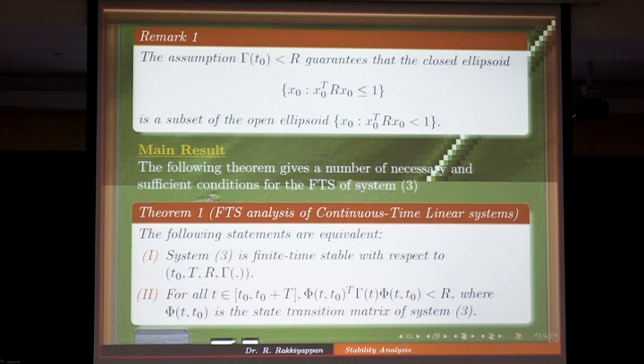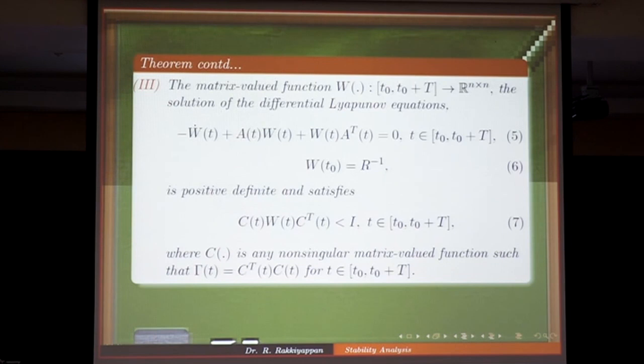If it is true, then for all t belonging to the interval t naught to t naught plus T, phi of t naught, where phi is the solution of the given linear system x dot equal to A of t into x of t, is less than R, where phi is the state transition matrix. It is nothing but the fundamental matrix of the linear system.